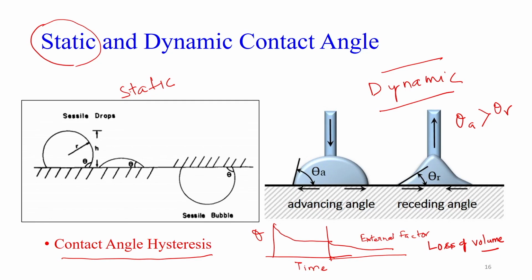Chemical heterogeneity means the chemical composition is not uniform. At one place the chemical composition is different, at another place it is different. In that case, as we discussed, in case of chemical heterogeneity we can use the Cassie equation to measure the contact angle, and in case of physical heterogeneity we use the Wenzel equation to measure the contact angle.